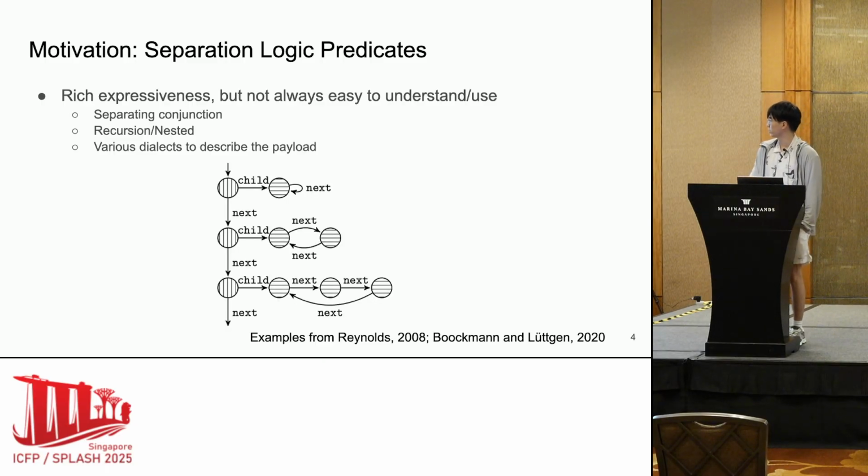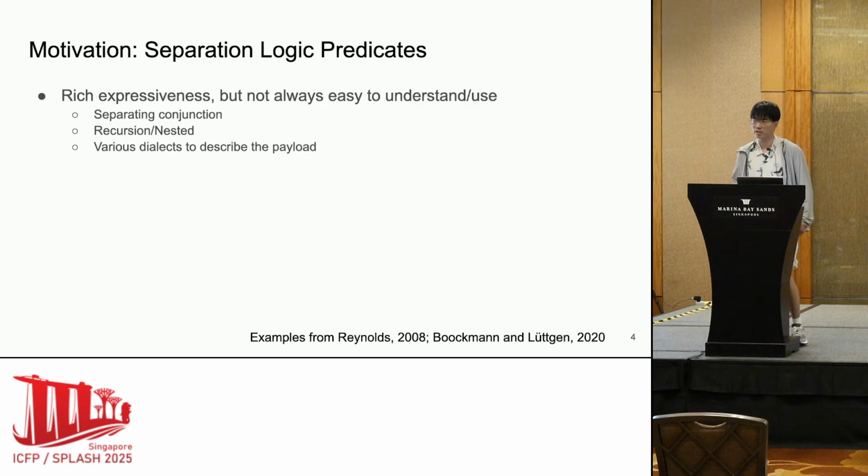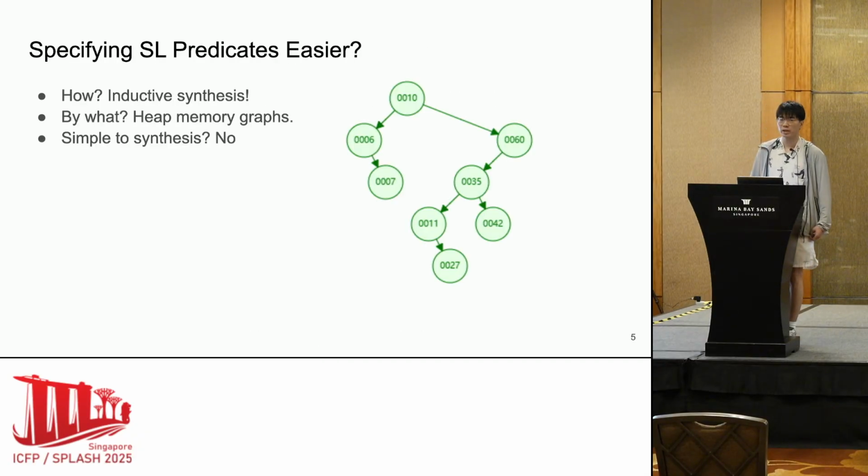Another example is a nested data structure such as a list of cyclic lists. It's not very intuitive how to express that. And different systems have different dialects of separation logic predicates to describe the payload. So overall, we find specifying separation logic predicates is difficult. We want to make it easier.